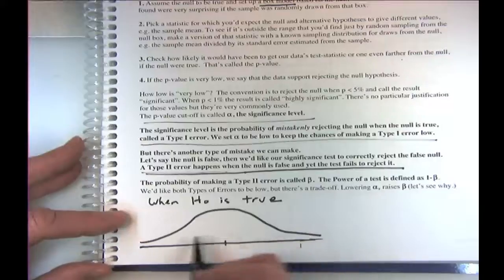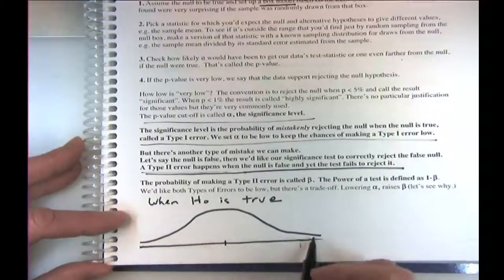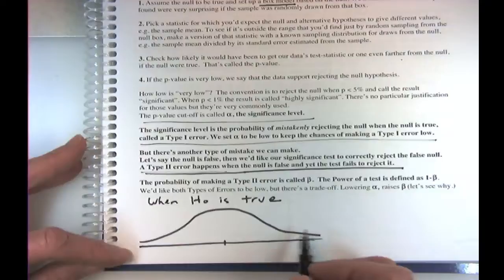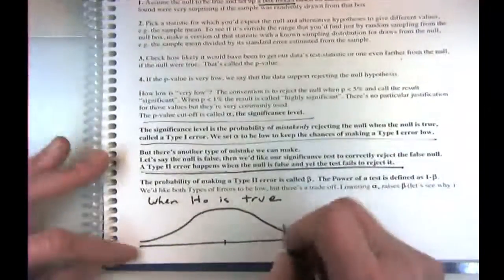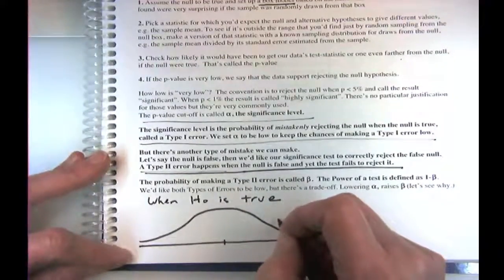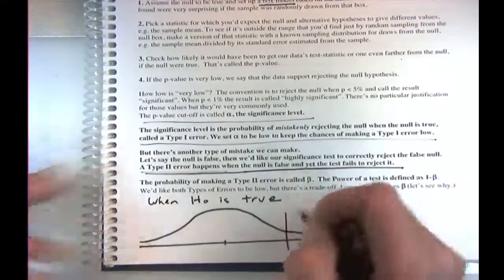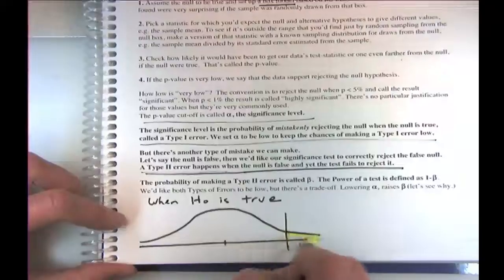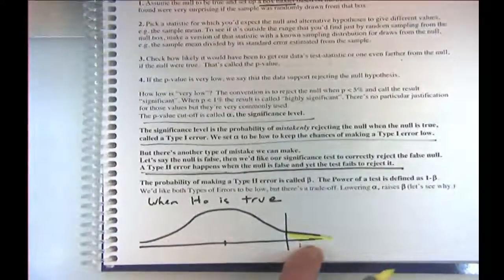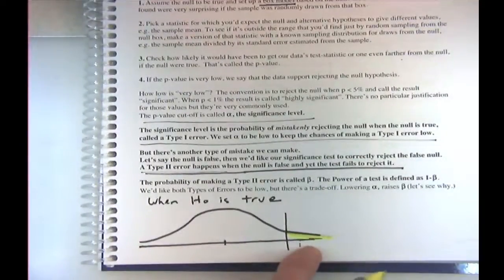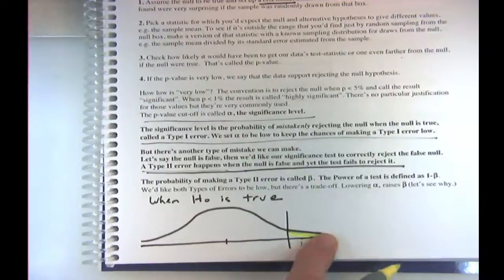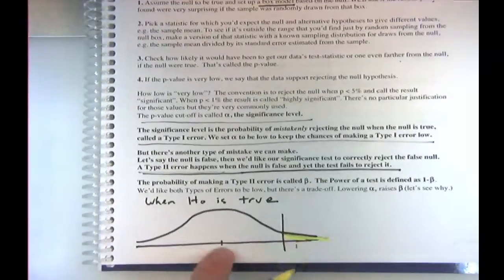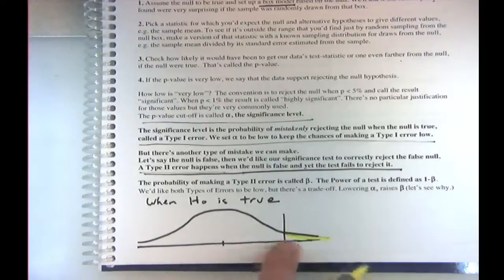We set it to go off at some point, we're going to reject here. So this right here is the probability of making a type 1 error. It's like the fire alarm going off when there's no fire. It's set to go off here.